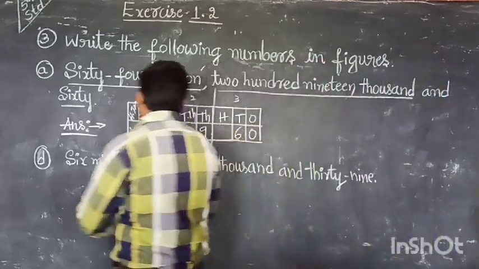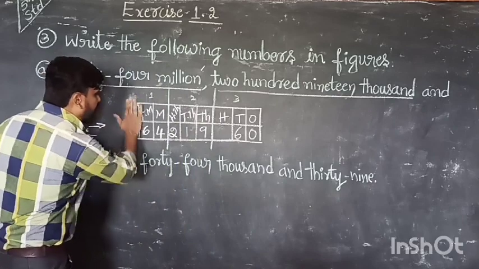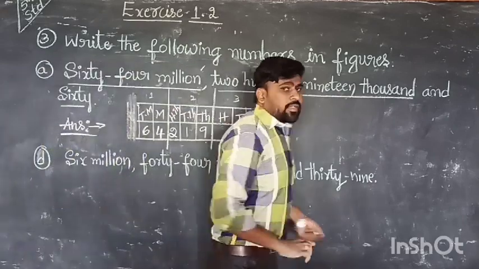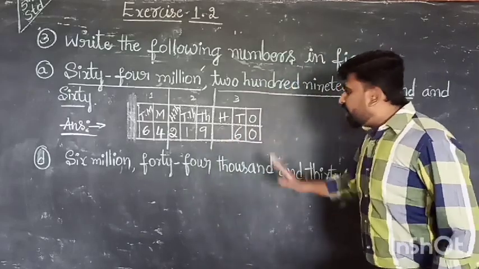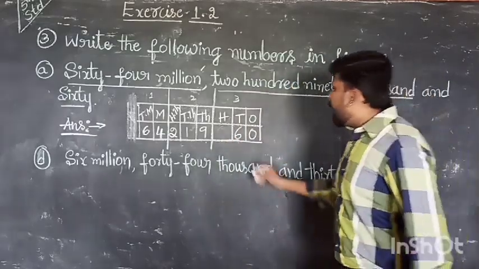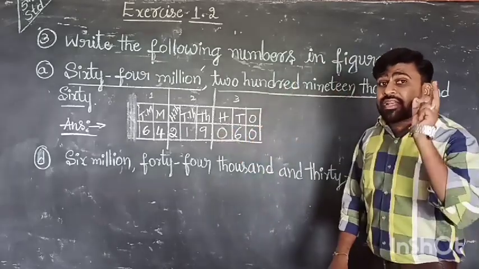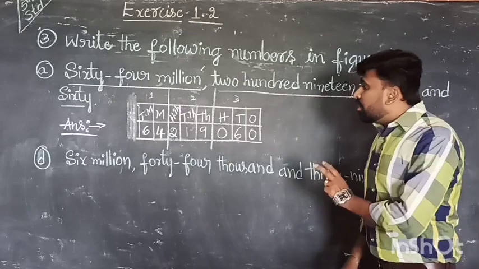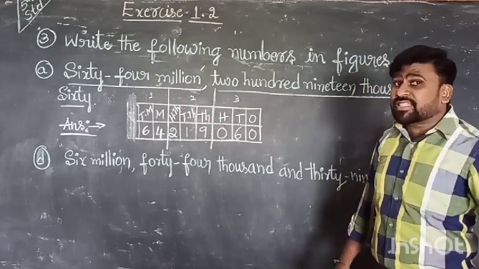Clear? Here in the starting they have not given the 100 million. In the middle they have not given the 100 place. In the middle or in the starting they have not given the 100 place. That means you have to take 0, because while reading the number we skip the 0. When 0 comes, we can skip.